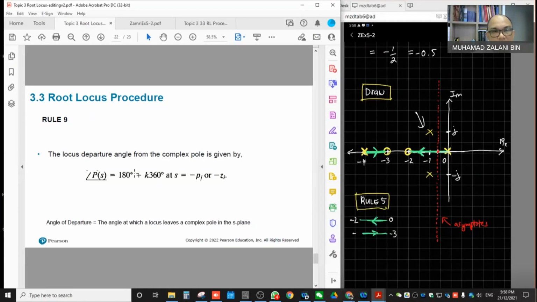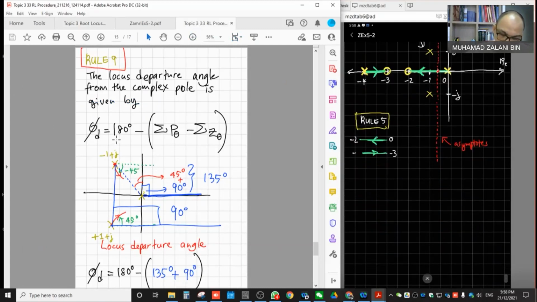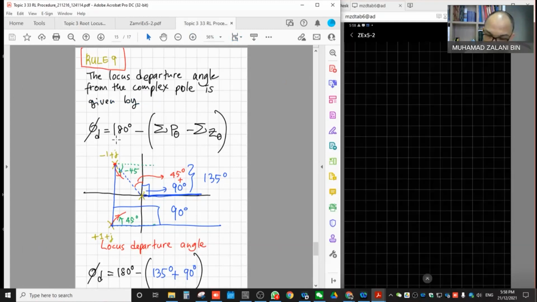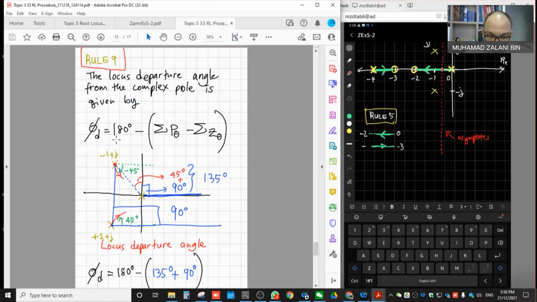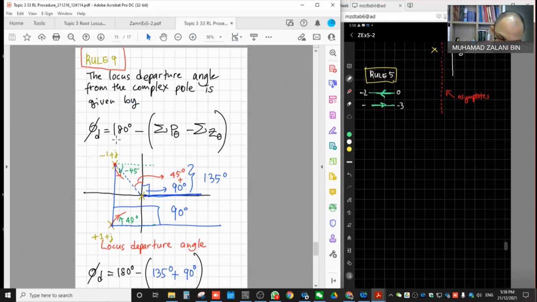This equation is based on the textbook, but we are not going to use it, as I have discussed with all of you before. You can use another equation, which is much simpler, to determine the angle of departure. You can find it in the lecture notes that I have shared with all of you. All right, so rule number 9 now.